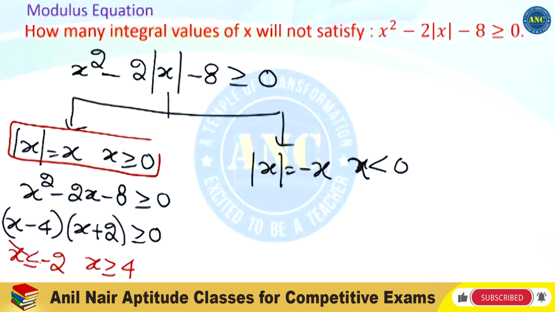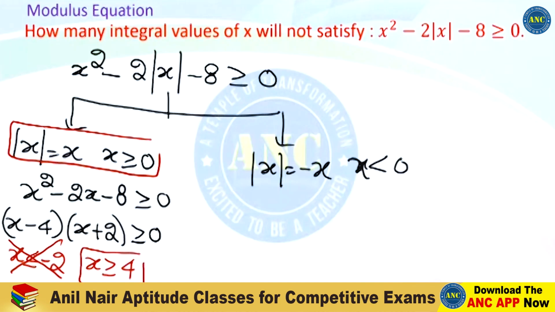Any value less than or equal to minus 2 will result in a negative value, but the definition is mod x equals x when x is greater than or equal to 0. So the values that will satisfy are x greater than or equal to 4. Let us check with x value 5. 5 square is 25, 2 fives are 10, 25 minus 10 is 15, 15 minus 8 is 7, greater than or equal to 0. So x is greater than or equal to 4.